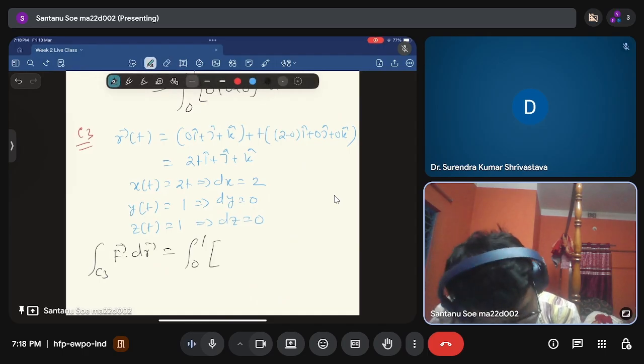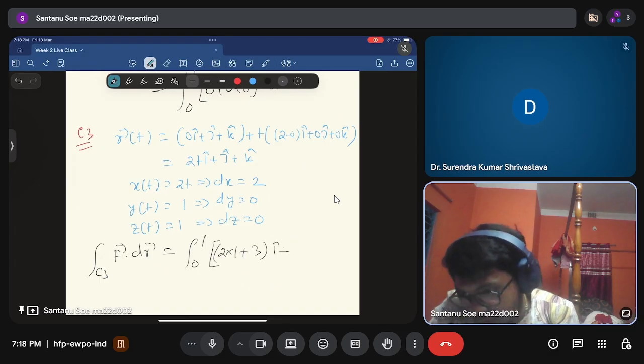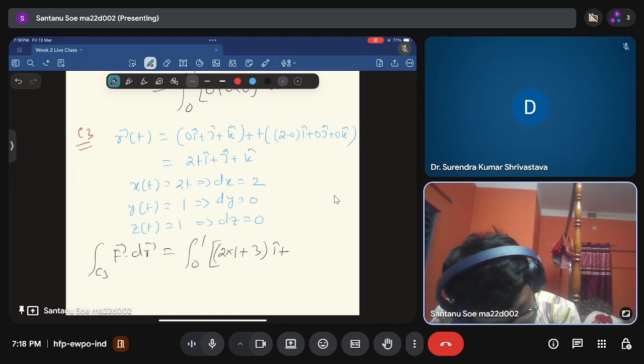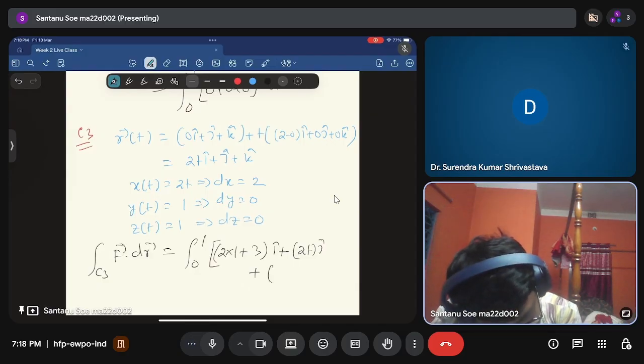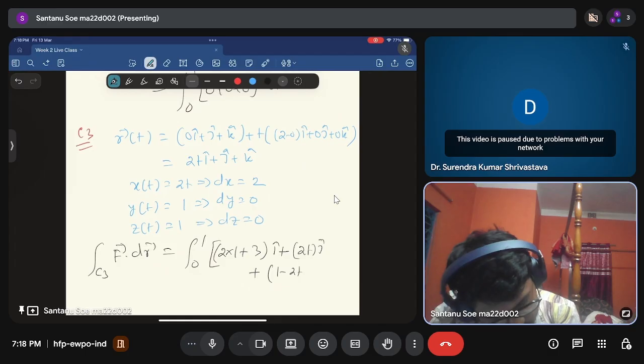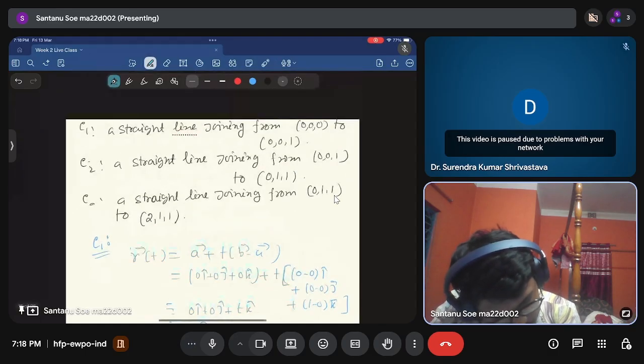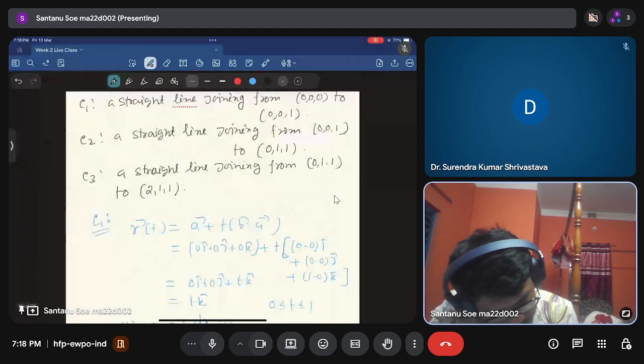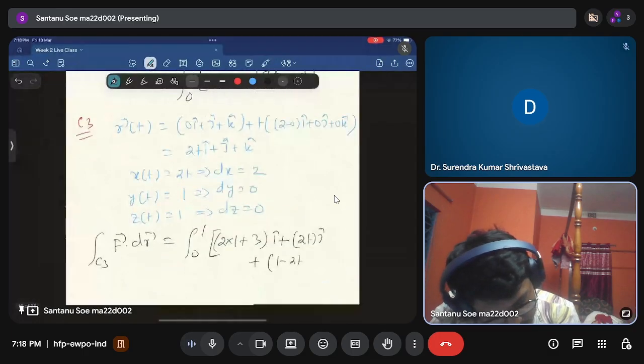In this case it will be (2 into 1 plus 3) because z is 1, times i cap, plus 2t into j cap, plus (yz minus x) into k cap, where yz is 1 and x is 2t.